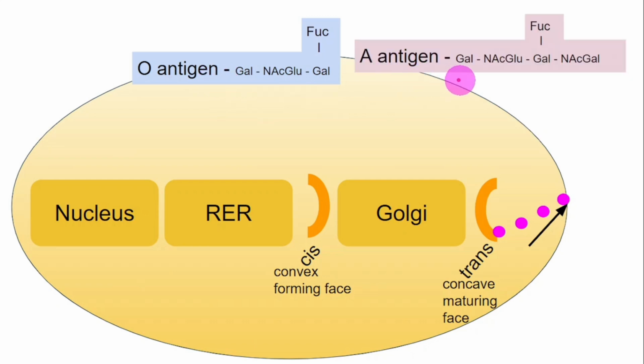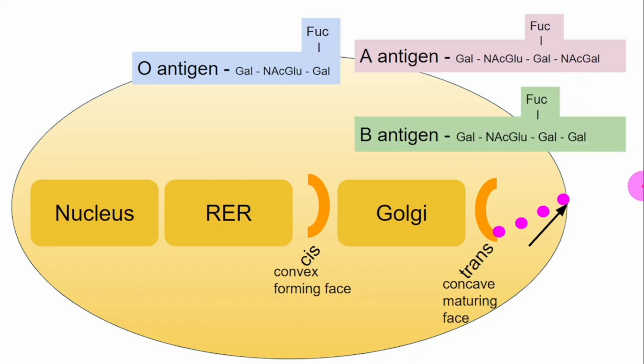And A antigen has this basic structure of O antigen. So you can see galactose is there, then N-acetyl glucosamine, then there is galactose, and this is fucose. So A antigen is different from O antigen by just this one single sugar. Okay, this is N-acetyl galactosamine. And when you check B antigen, see the structure, the basic structure is same.